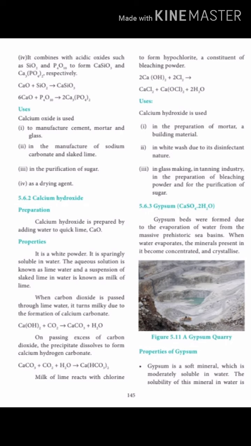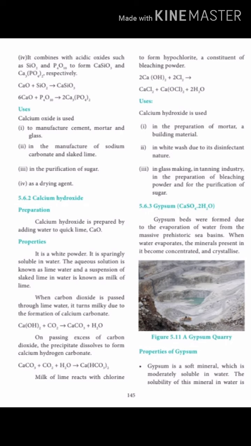When water evaporates, the minerals present in it become concentrated and crystalline. Properties of gypsum: gypsum is a soft material which is moderately soluble in water. The solubility of these minerals in water decreases at higher temperature, known as retrograde solubility, a distinguishing characteristic of gypsum.